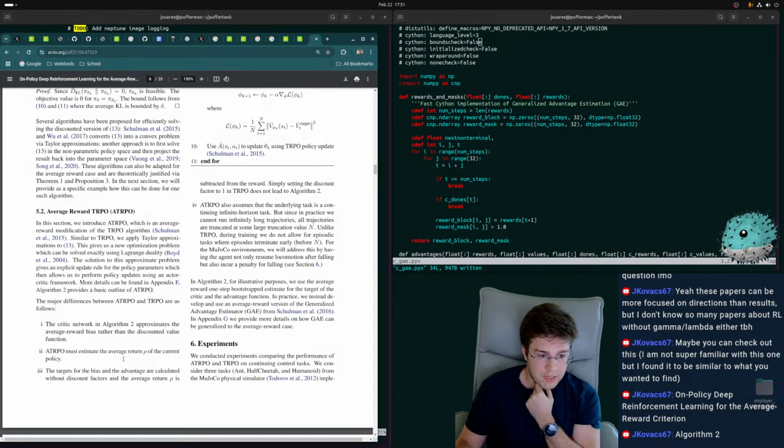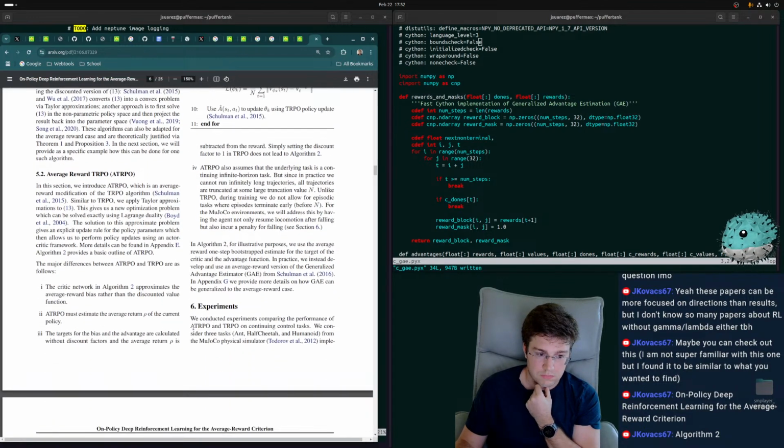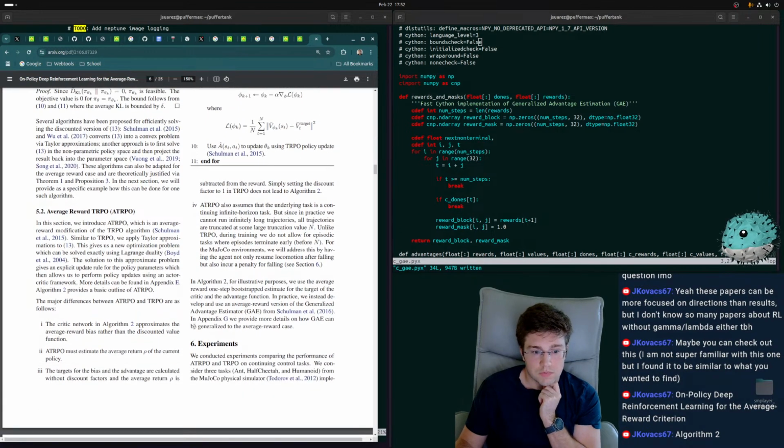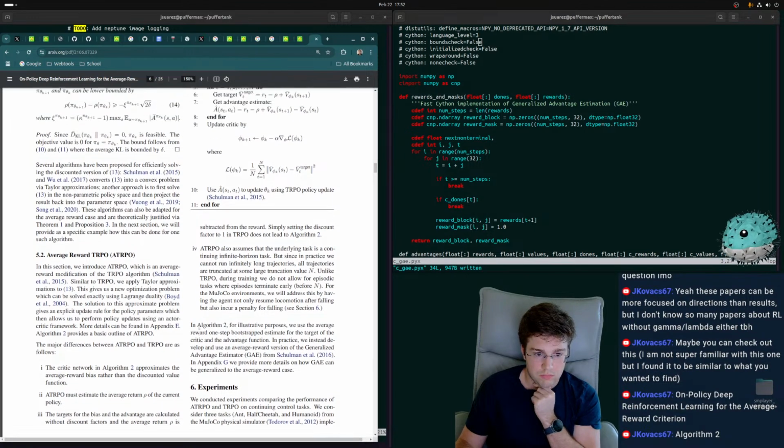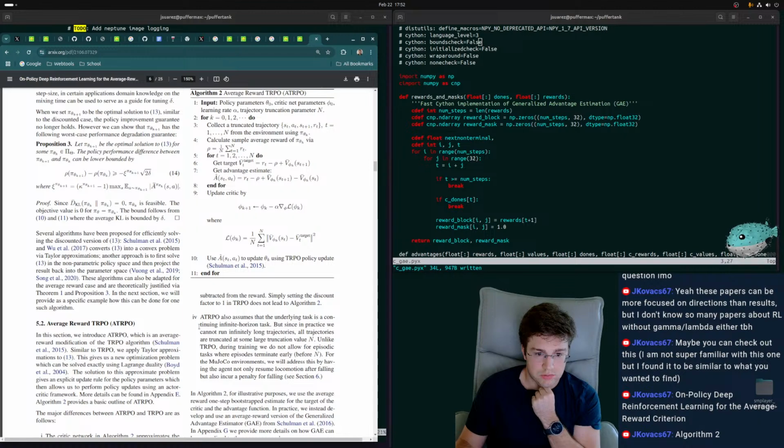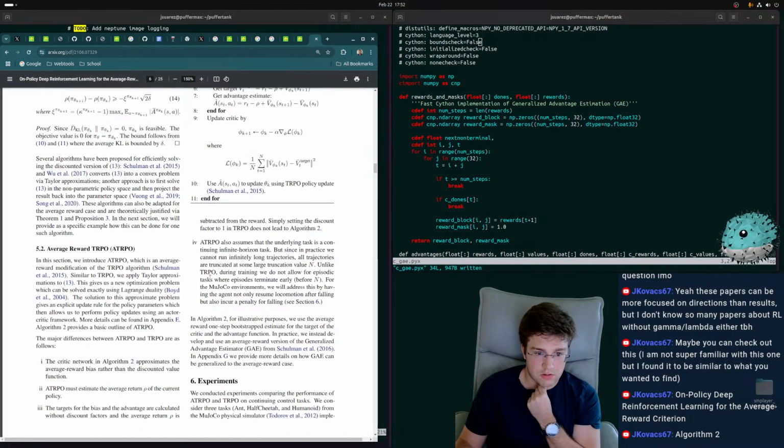The target for the bias and advantage are calculated without discount factors. The average return is subtracted from the reward. Does that actually work?